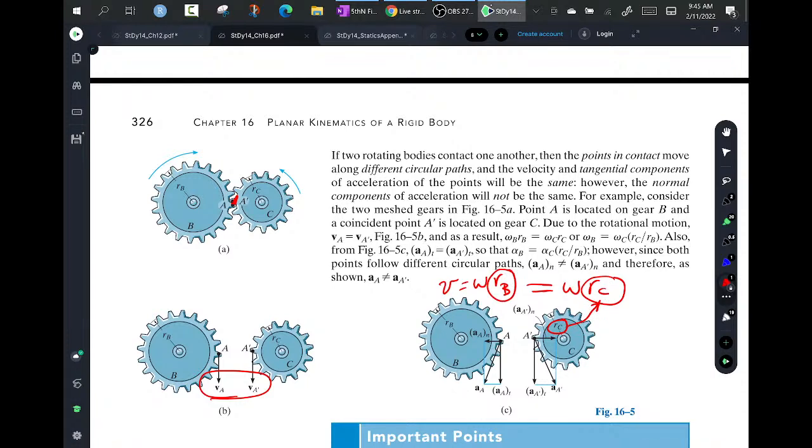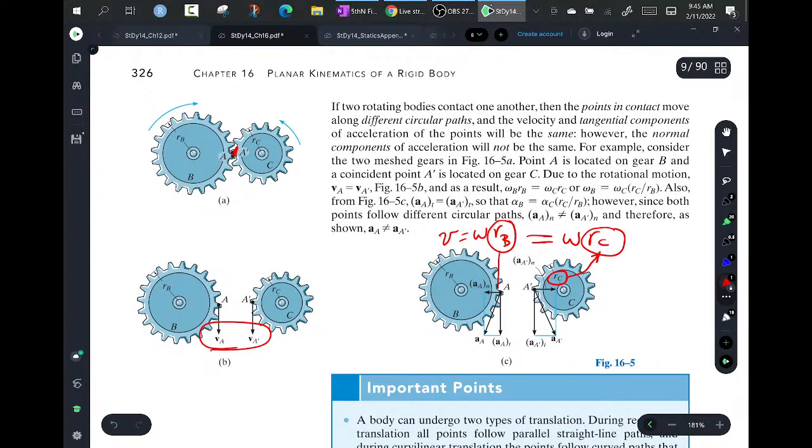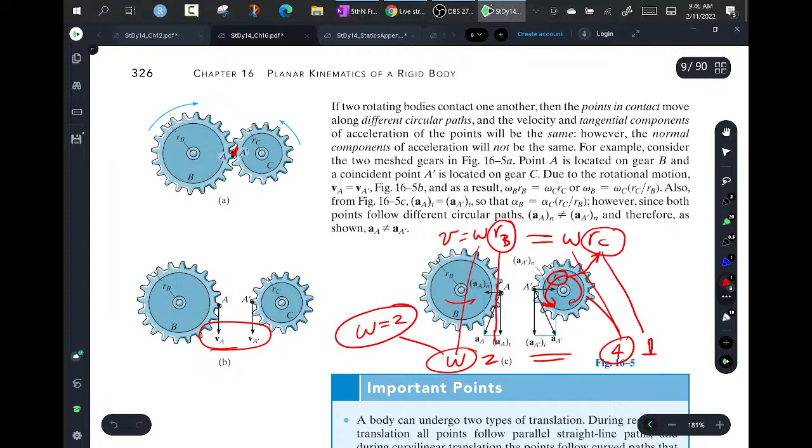I'm making up numbers: say this is 2 and this is 1. If this thing is spinning at 4, then this one is spinning at 2. So this one's spinning slower, whereas this one's spinning faster, because the radius is different.